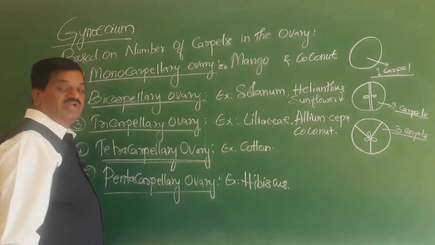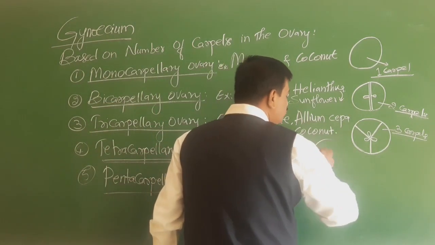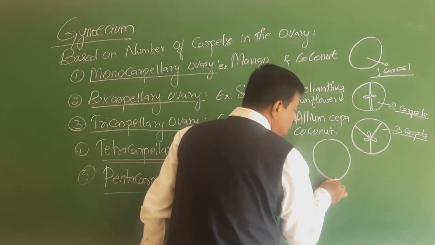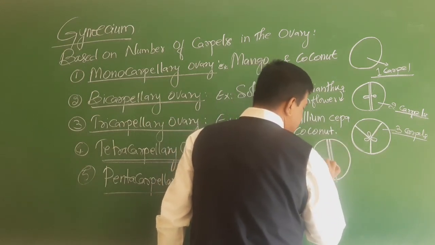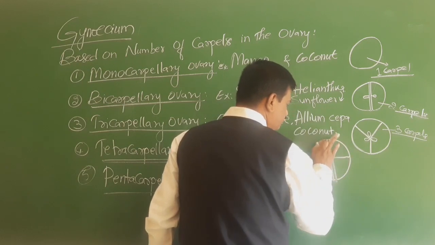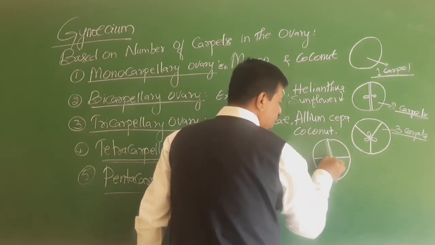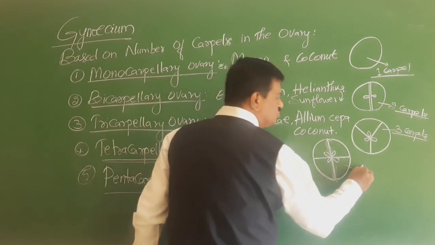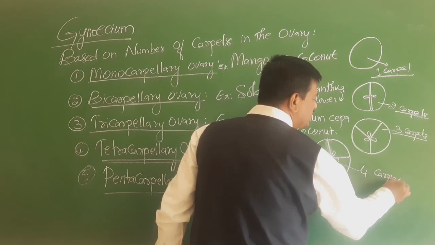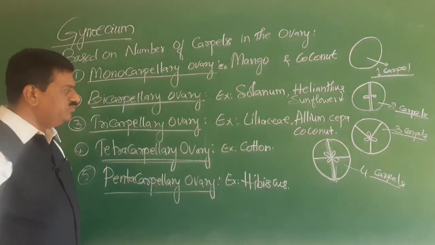Tetracarpillary ovary. Tetracarpillary, example, cotton. Here we can see there are 4 chambers in the ovary. Here you can write 4 chambers like this. Here there is a presence of ovules. So 4 carpels are present, hence it is called tetracarpillary, can be noticed in cotton.